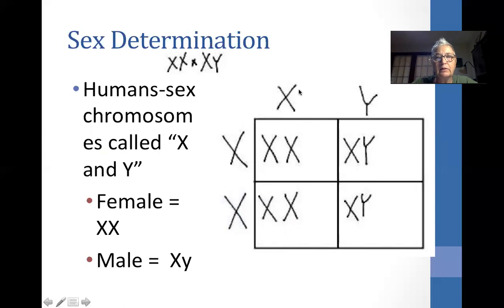You should be good at these. You have an X and an X here, X and a Y here, X and X here, X and Y here. It's a 50-50 chance, and it's always going to be determined. Again, this is the male, so he has an X and a Y. He is always going to determine the sex.